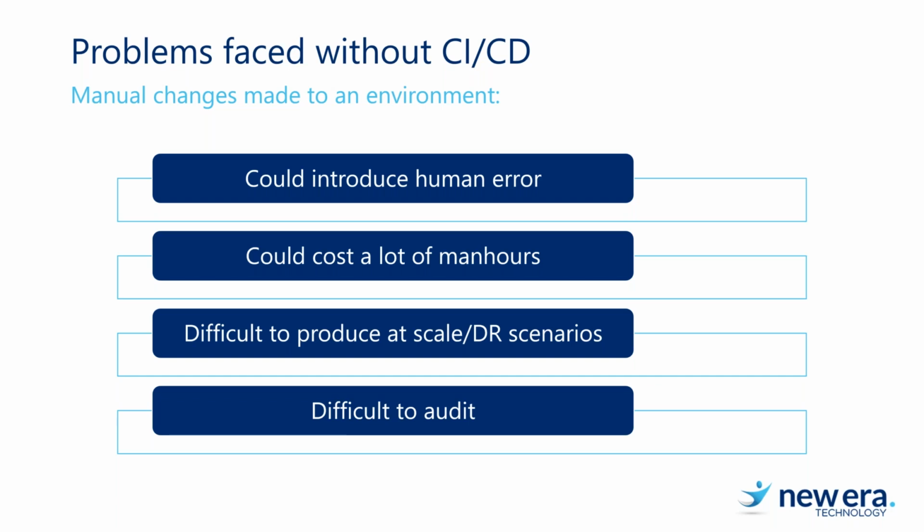The infrastructure changes can be very difficult to produce at scale, if not impossible, and sometimes in a disaster response scenario, disaster recovery. So a change that might seem simple, being made to a single account, can be done by one person just fine. But if that particular change needs to apply to 4,000 accounts, then it becomes quite a different story.